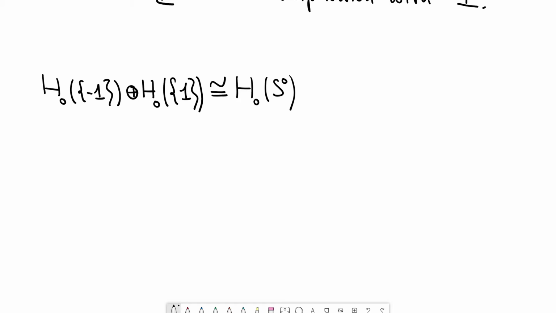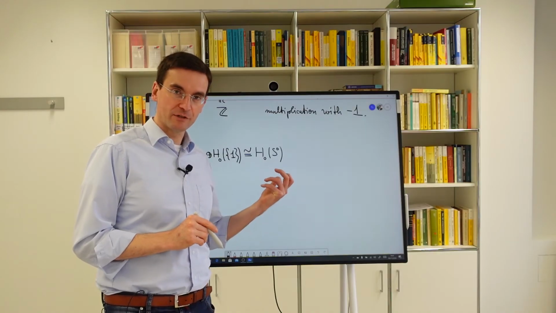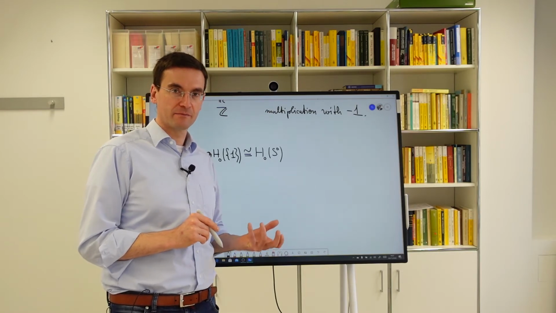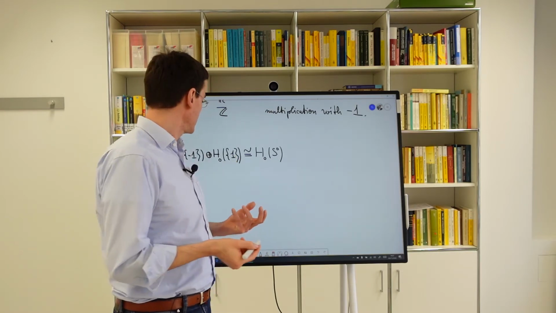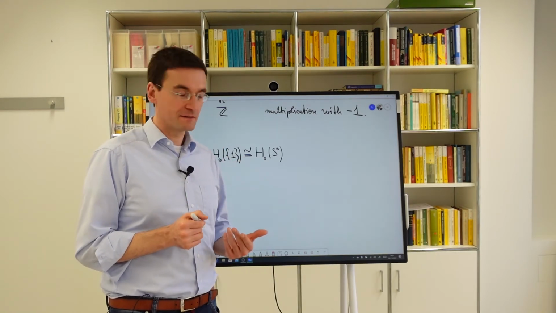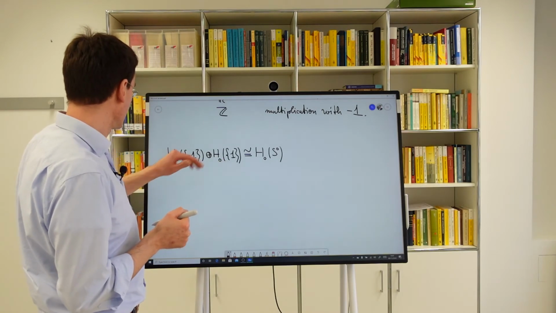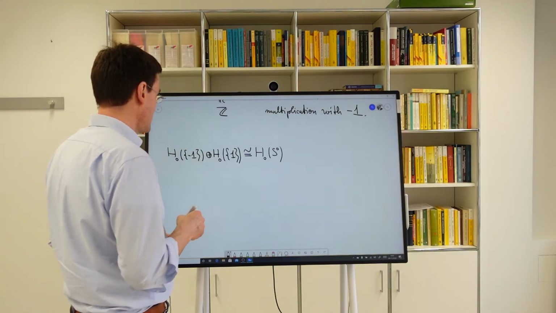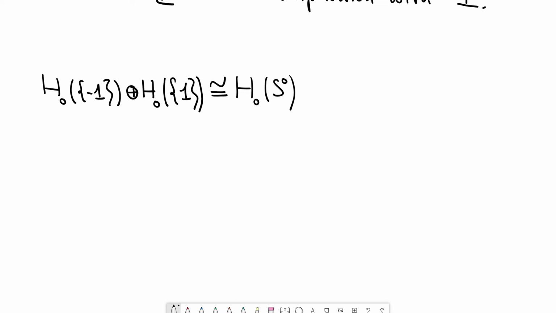And if we assume, which we do for this video, that H is a homology theory satisfying the dimension axiom in the form that the homology of a point in degree 0 is just Z, and in all other degrees is 0, then these are 2 copies of the integers. Now, we can look at the induced map by this reflection, which in this case just exchanges the points minus 1 and 1.